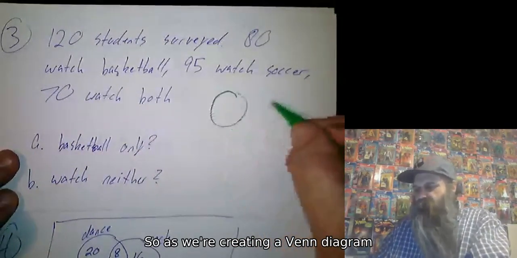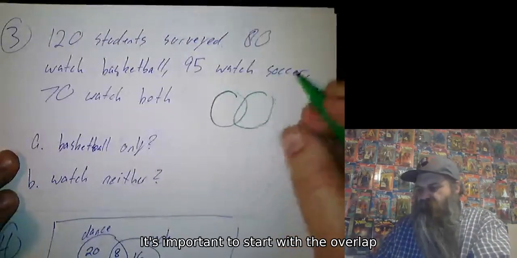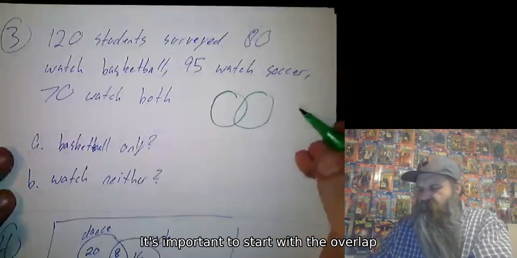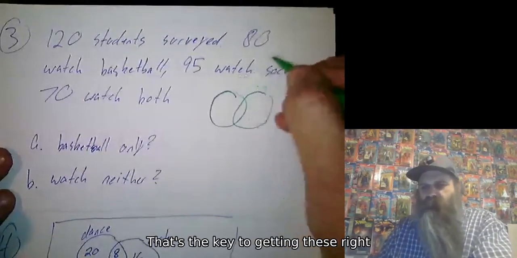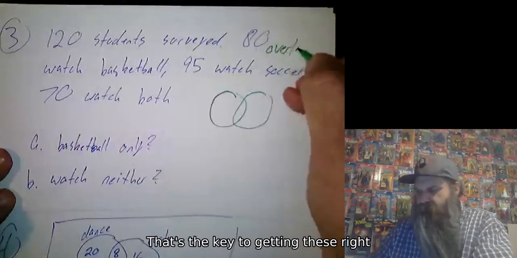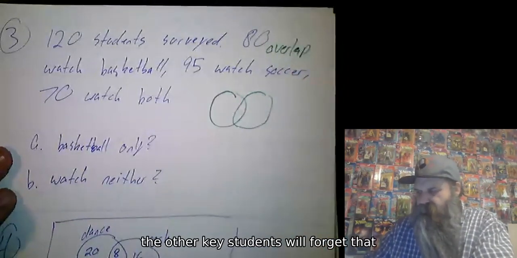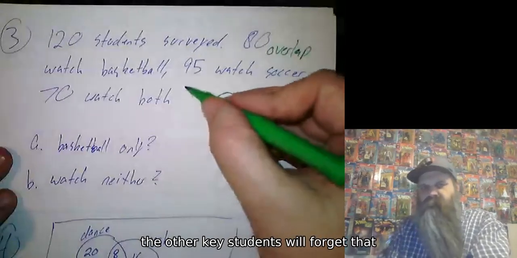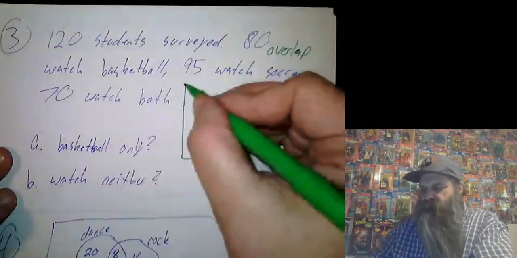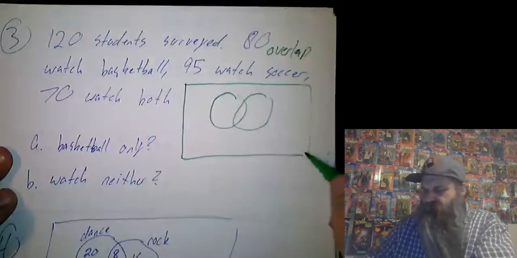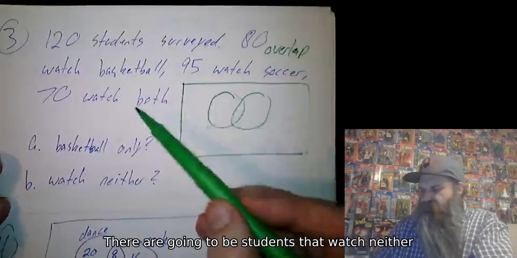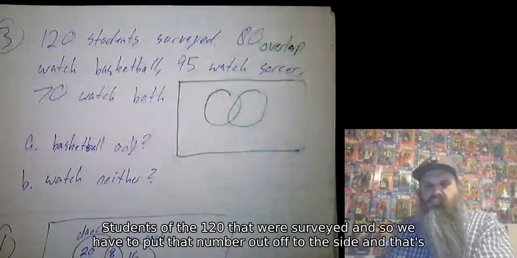So as we're creating a Venn diagram, it's important to start with the overlap. That's the key to getting these right. The other key, students will forget that there are going to be students that watch neither.